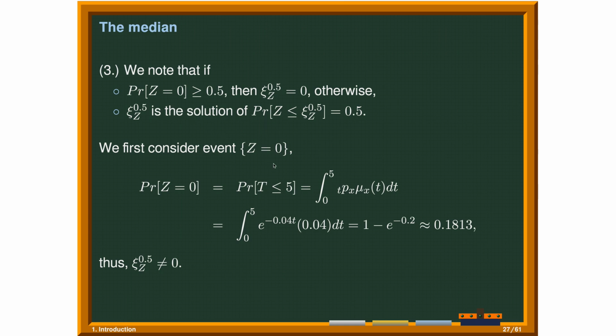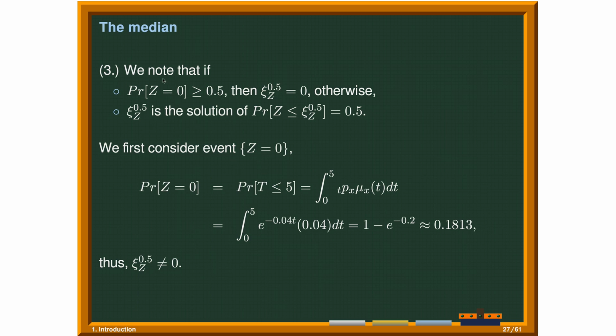Because we note that since this is an M-year deferred insurance, a 5-year term insurance, the event Z equal to 0 is the same as the event that T is less than or equal to 5, right? So when death occurs within the first 5 years, nothing is paid, right? So the event that Z is equal to 0 is actually equivalent to the event that T is less than or equal to 5, okay?